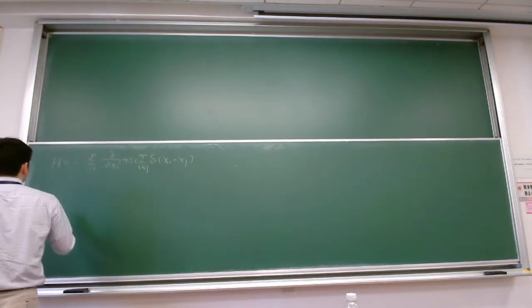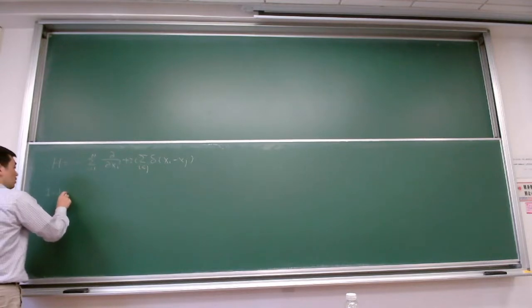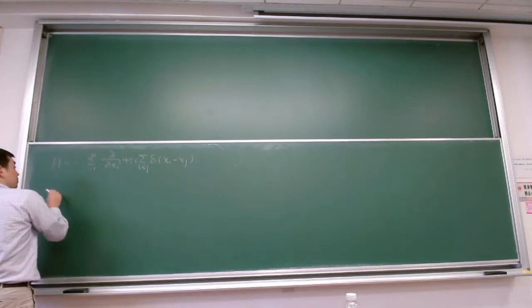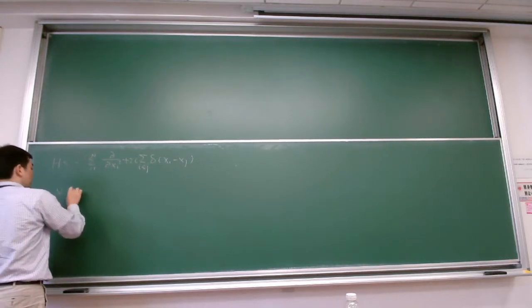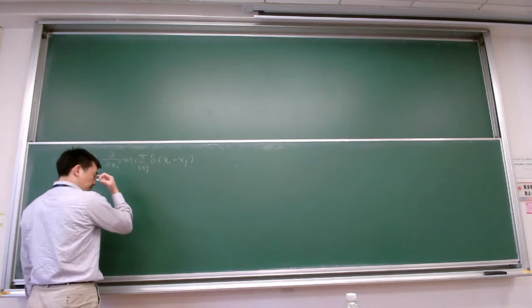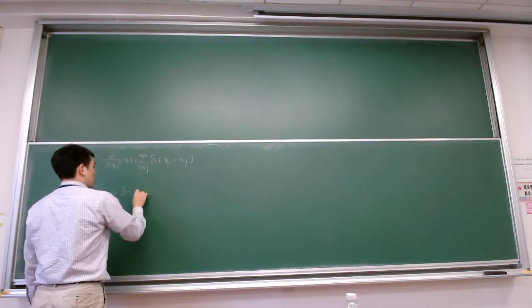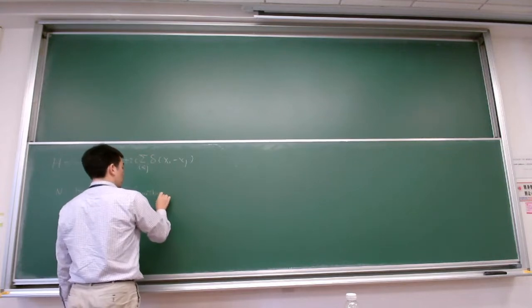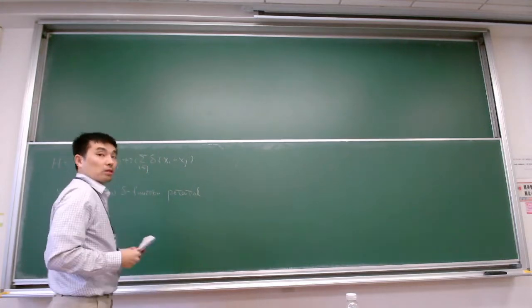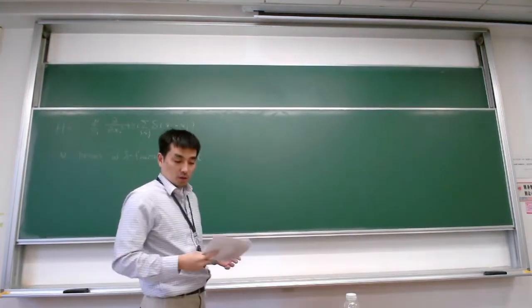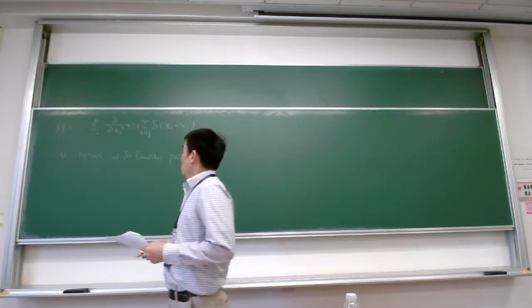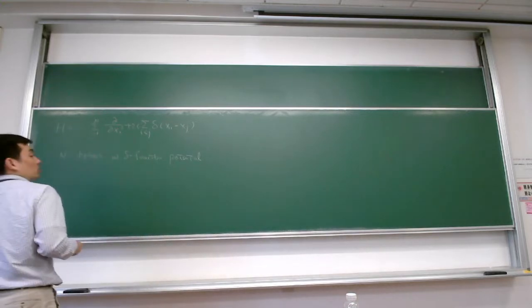So it's called one-dimensional many-particle bosons with delta function potential, in one dimension.